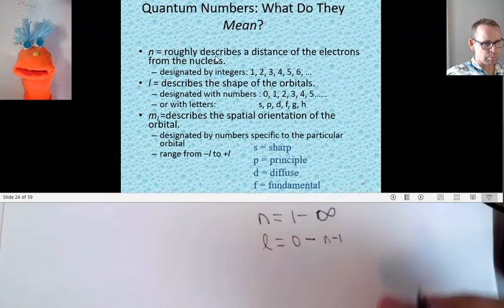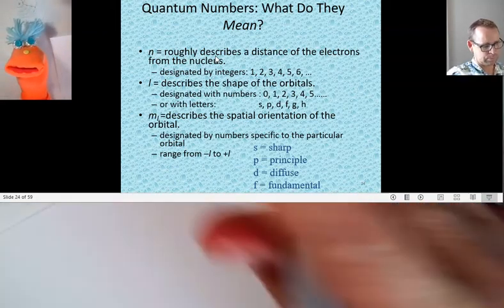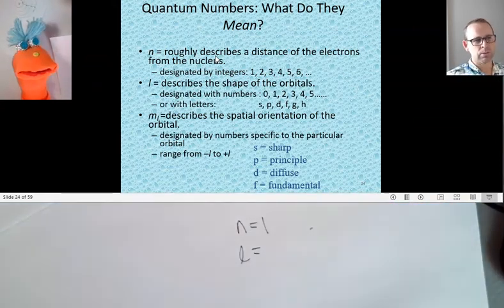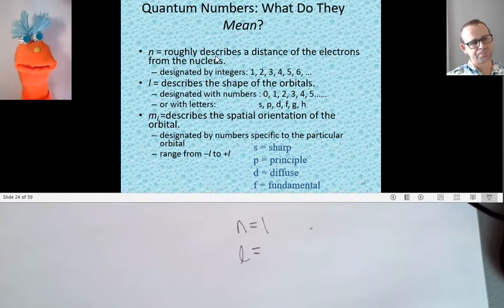So if n equals 1, for example, what can L equal? Well, remember, L can only be as high as n minus 1.